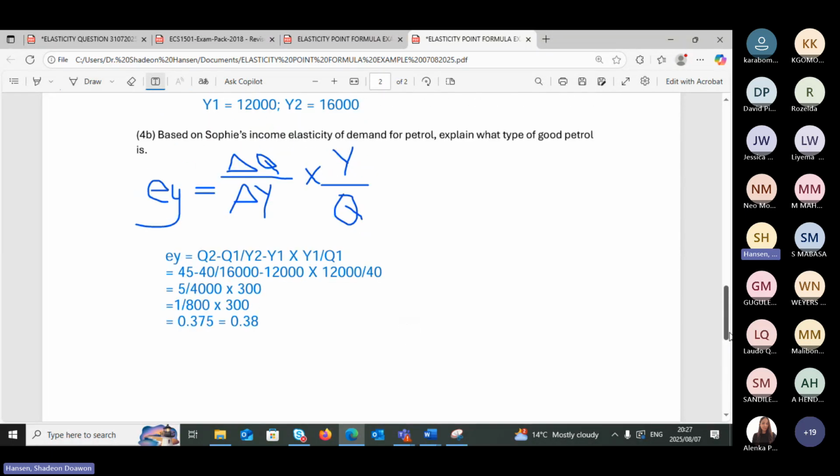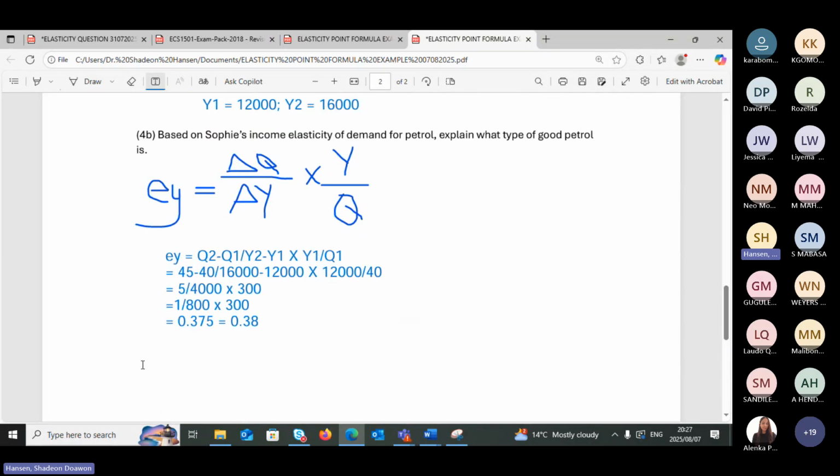Even if you get corn or a bag of maize meal that has an income elasticity of demand coefficient of positive 1.02 or positive 1.1. Maize meal in itself, students, is not a luxury. But according to theory, if that is our coefficient that we've calculated, we unfortunately have to classify it as a luxury. But in this case, students, petrol for Sophie is essential.